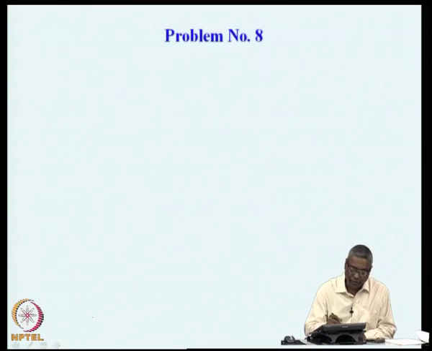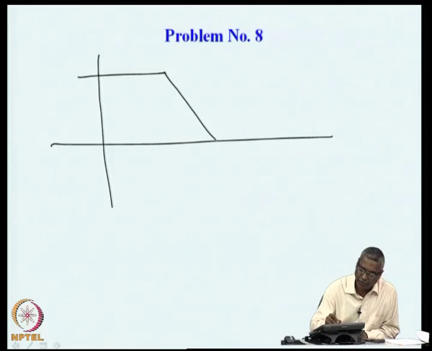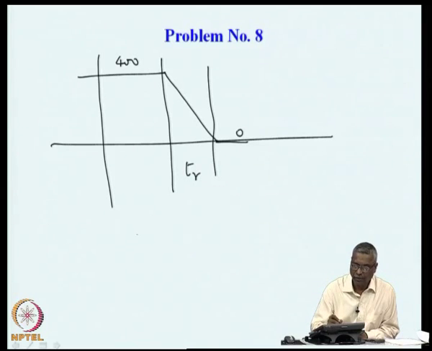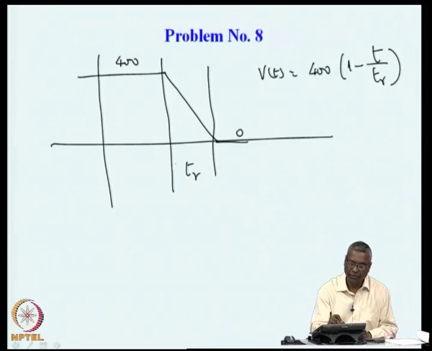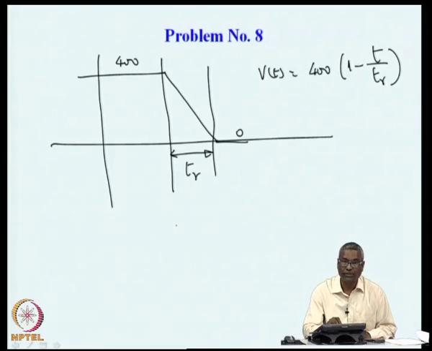So, we can see that in one particular situation where the voltage is dropping from 400 to 0 in a rise time of tr, the voltage can be written as 400 into 1 minus t by tr. In this interval, the voltage follows this equation of 400 multiplied by 1 minus t by tr.